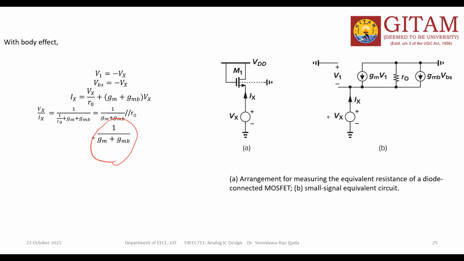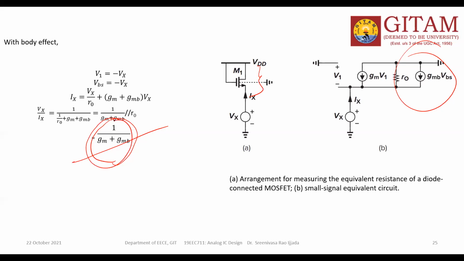The ratio of voltage and current is the impedance. So this is the impedance available at this point, and it acts as the load.